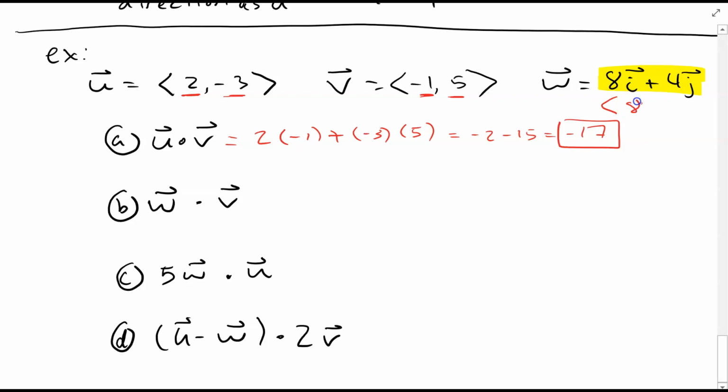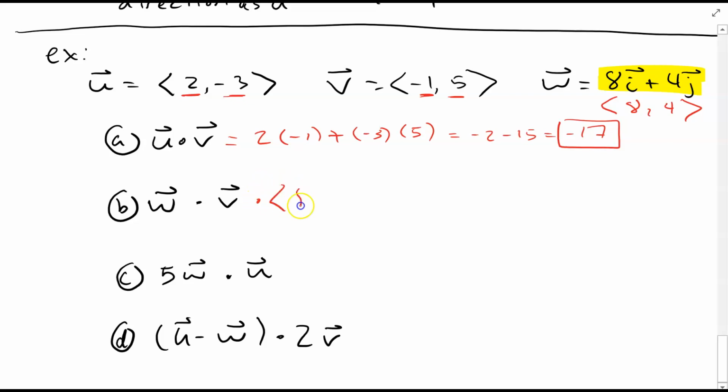So this is really the vector (8, 4). So I'm going to think about vector w as really just the vector (8, 4) throughout the rest of these example problems. That's all just a different way of writing a vector rather than writing it in component form. We can write it as the sum of these two standard unit vectors.